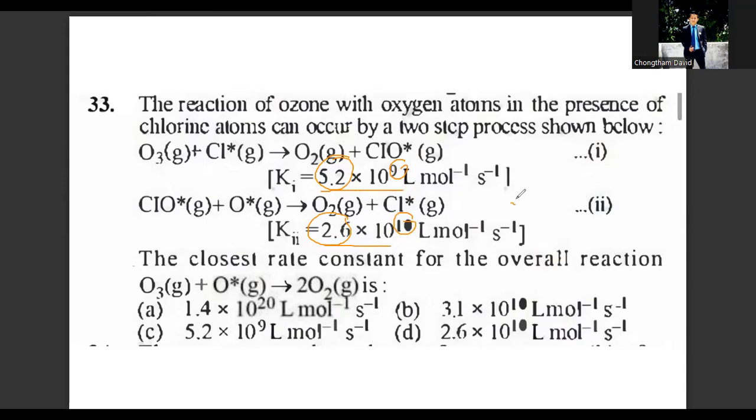If you add the reactions, the equilibrium constants are multiplied. So the stepwise stability constants are 5.2 times 10 to the power 19, and 2.6 times 10 to the power 10. If you multiply 2.6 and 5.2, the value comes out to be approximately 1.4 times 10 to the power 20. Option A is the answer for question number 33.